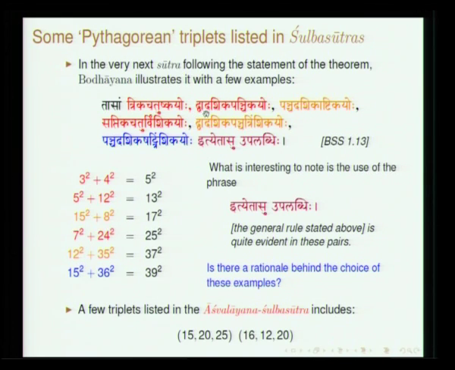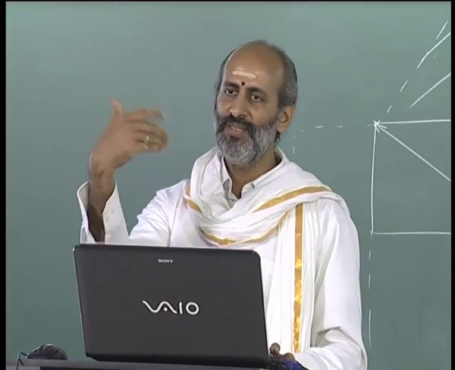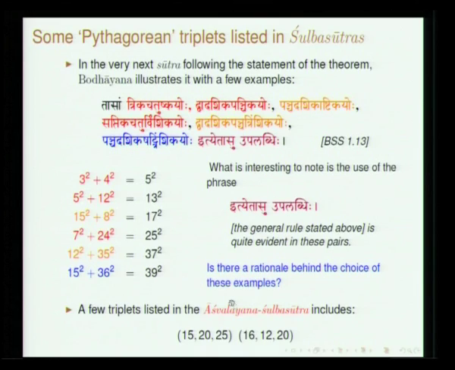Then Dwadashika Panchikayoho, Dwadasha is 12, Panchika is 5, then Panchadashika Ashtikayoho, 15, 8, so 17 square, then Saptika Chaturvimshatikayoho, 7 and 24, so 25 square, Dwadashika Panchatrimshikayoho, 12, 35, 37, Panchadashika Shatrimshikayoho. All that he says, Ityetasu Upalabdhihi, and so on. So you can go on constructing such triplets. He gives a few triplets as examples of the theorem which he stated in the most general form in the previous sutra.